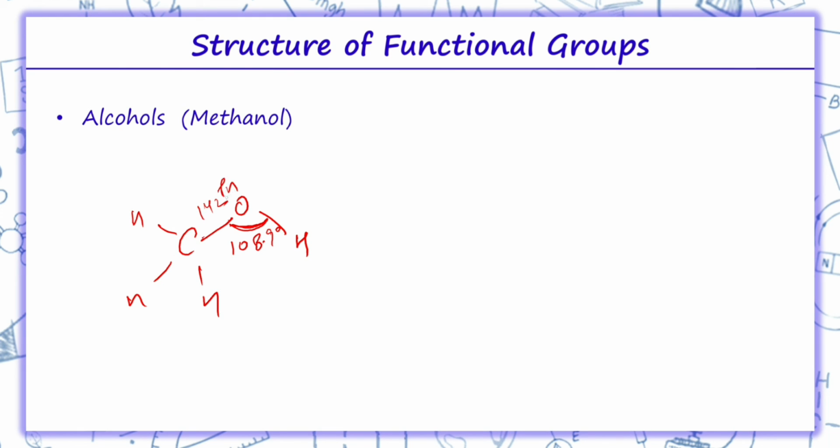CO bond length is 142 picometer and OH bond length is 96 picometer. It is basically due to the repulsion between electron pairs of the oxygen atom.